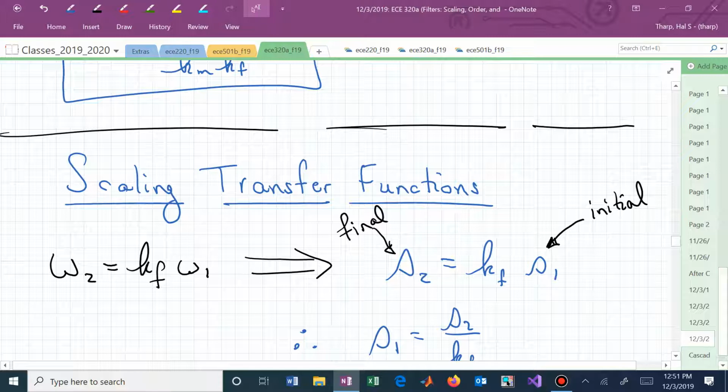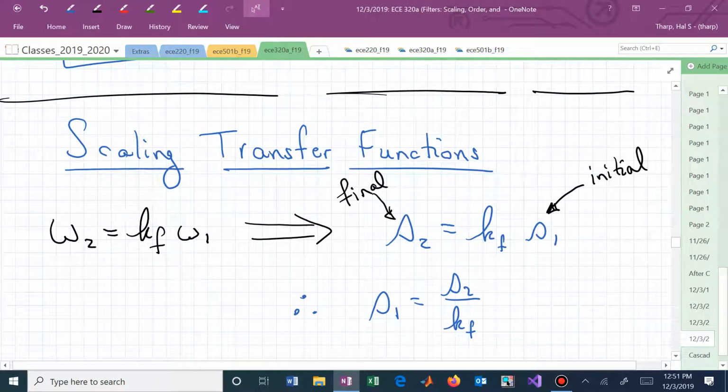If we want to know how to scale from an initial frequency to a final frequency, then we have S2 equal to k sub f S1, which means that when we are scaling frequencies, we actually will replace S1 in our original with what we want it to be, S2.